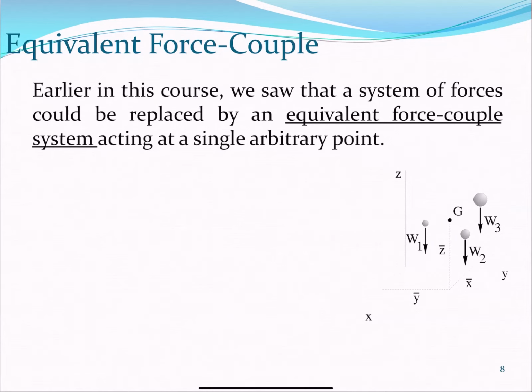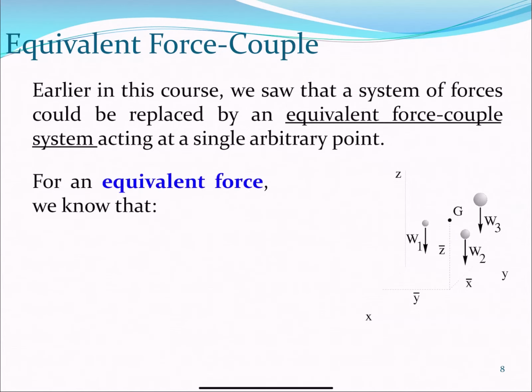So earlier in our course, we saw that we could define equivalent forces, and equivalent forces are easy to get. It's just the addition of all the forces, following the idea that it is the sum of forces in a certain direction. So getting that resultant force is not a problem, because that resultant force, Fr, is just the sum of all the forces on the particles.